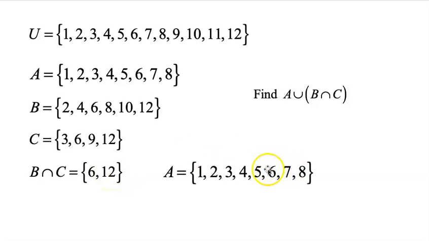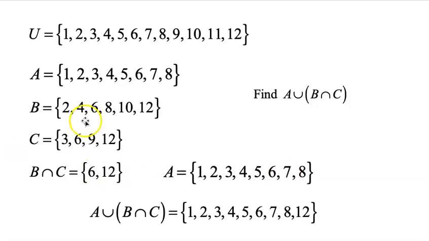So the union includes all of those, 1, 2, 3, 4, 5, 6, 7, 8, together with 12. And the ones that were missing were, of course, 9, 10, and 11. So we've constructed the set of items for A union (B intersects C).